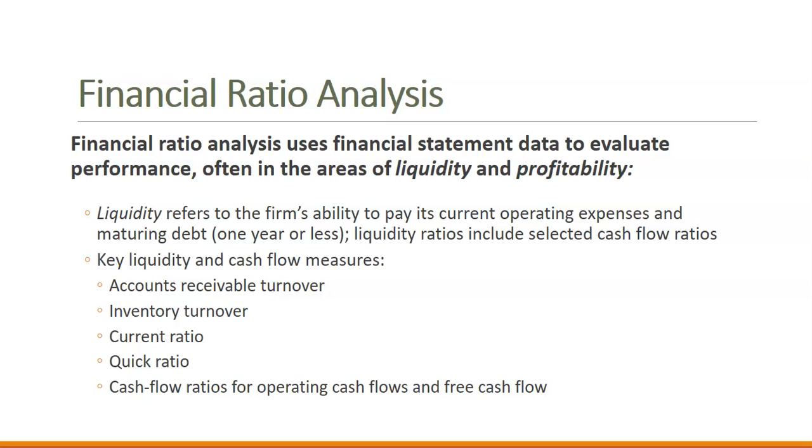The accounts receivable turnover is credit sales divided by average accounts receivable. Inventory turnover looks at cost of goods sold compared to our inventory and accounts payable. The current ratio is current assets to current liabilities. The quick ratio is quick assets, which are cash, accounts receivable, and cash equivalents, to current liabilities.